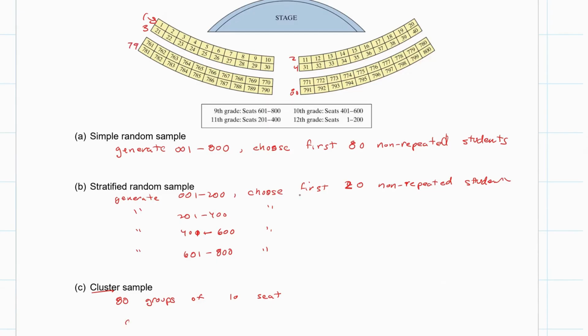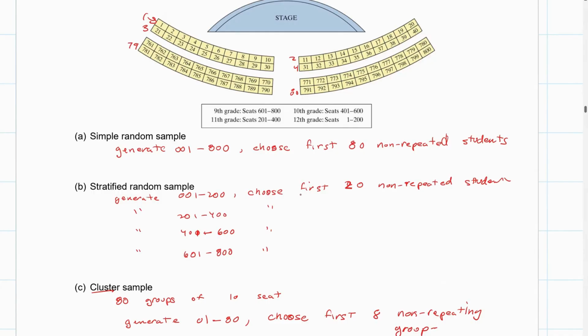Okay, and what we could do is generate numbers from 01 to 80, since we need 80, and choose the first 8 non-repeating groups, and then interview everyone in each group.